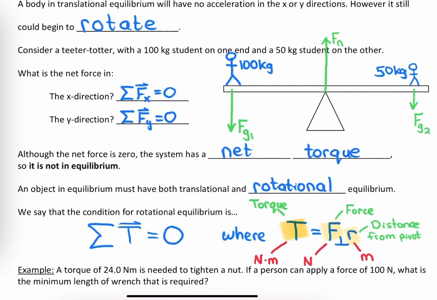So a really long wrench puts that force really far away from the nut, which gives you a much greater torque than a small wrench would, which has your force much closer to the nut or the bolt. So let's look at a specific example like this.